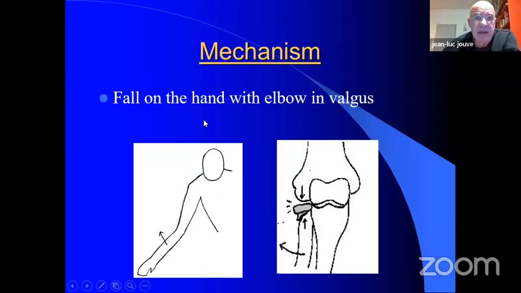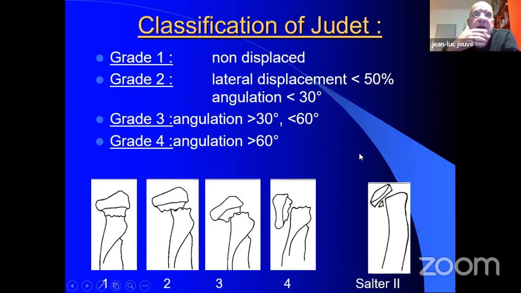The mechanism is when the kid falls on the hand with the elbow in valgus, and as you see, there is a bump between the proximal radial head and the lateral condyle. There are numerous classifications, but the most convenient is the Judet classification, with grade 1 non-displaced, grade 2 displaced less than 50% or angulation less than 30 degrees, as on this slide.